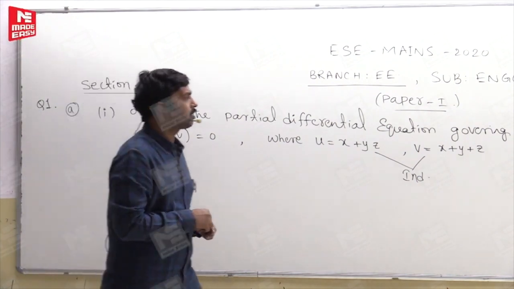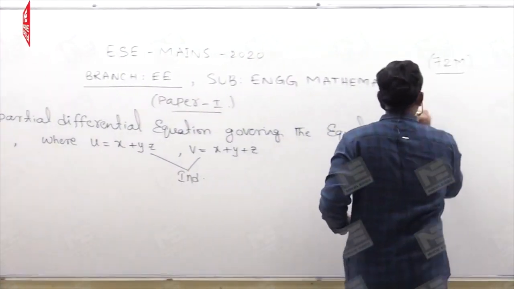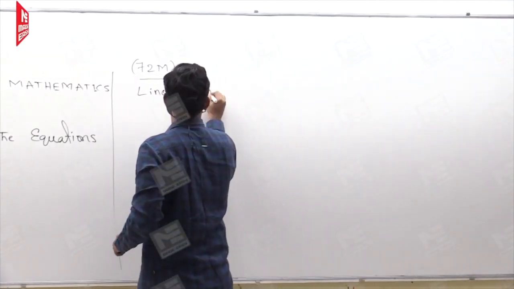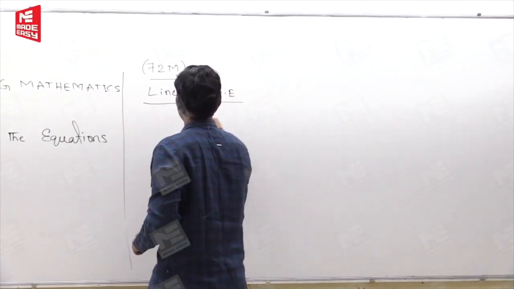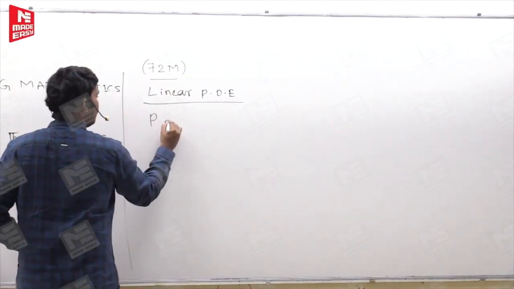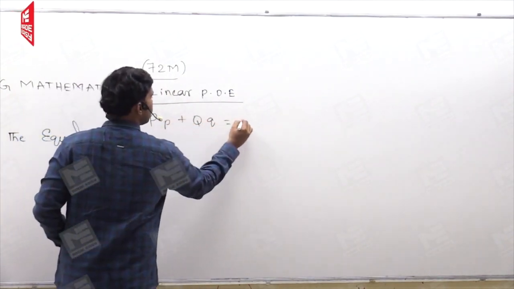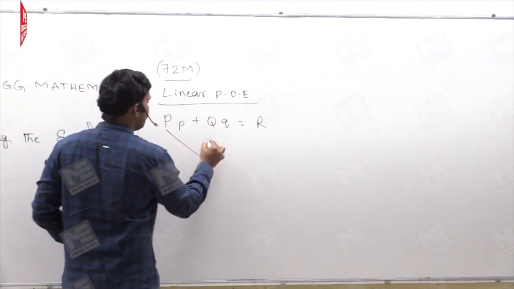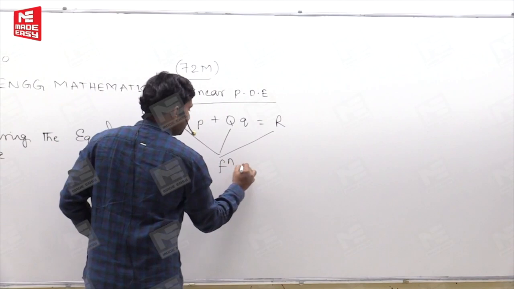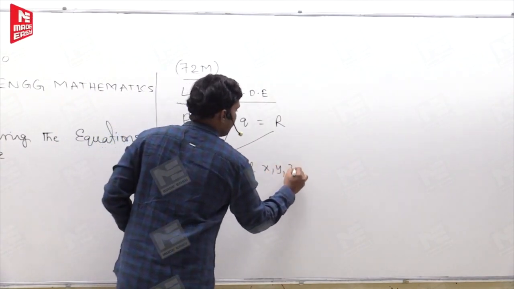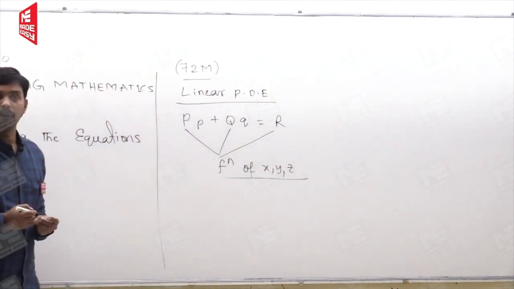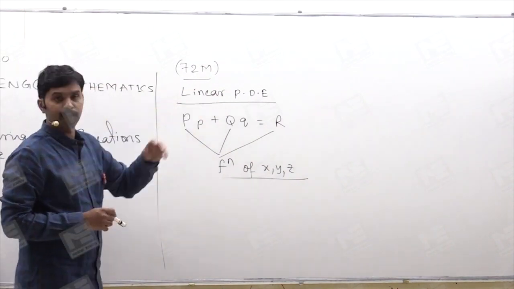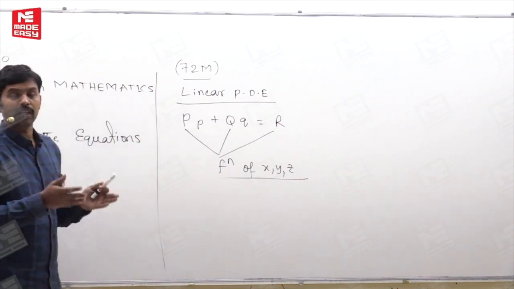As we all know, the linear partial differential equation is Pp + Qq = R, where P, Q and R are functions of x, y, z.